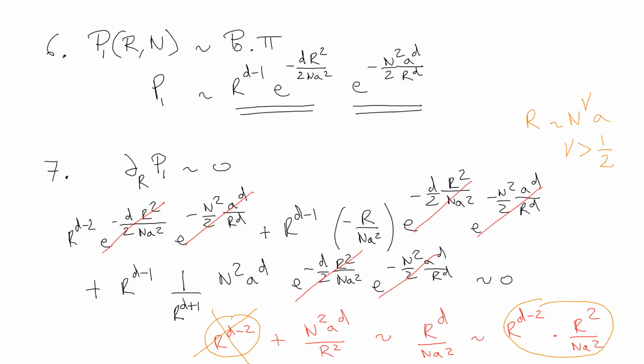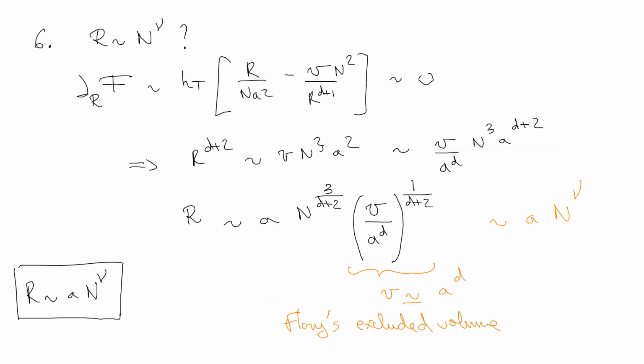Let me just scroll back so that we see the Flory. Here is Flory, right? So yes, we have a, the monomeric size. You have the number of objects to the power nu with the same nu, and there is this term that is now missing in our case, right? So it seems that v is simply equal to a^d.